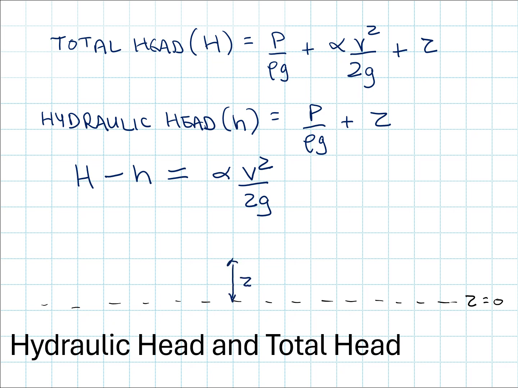So let's say at this given point in the flow system, this is my elevation z. Here's my pressure head, P over rho g. And then my velocity head.